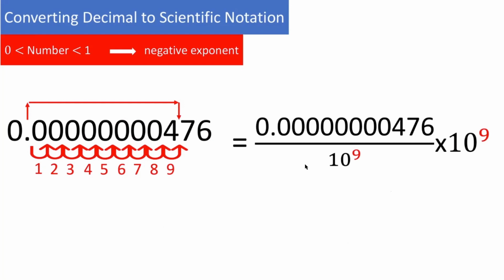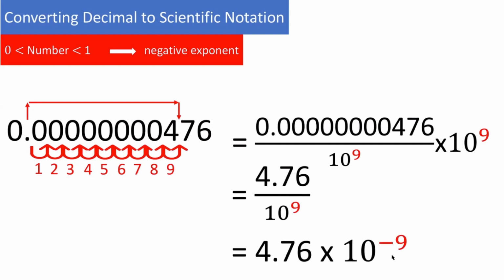So I have to divide by 10 to the power 9 so it doesn't change the value. So you get this after you multiply this by 10 to the power 9 over this, and we use one of the rules. This will be 10 to the power negative 9. So 4.76 times 10 to the power negative 9.